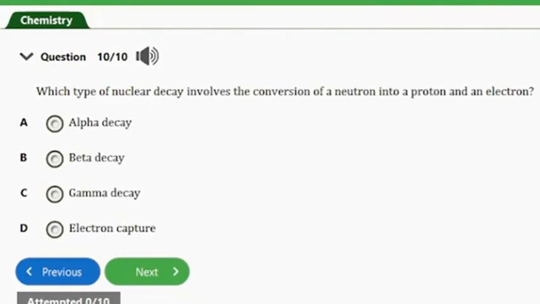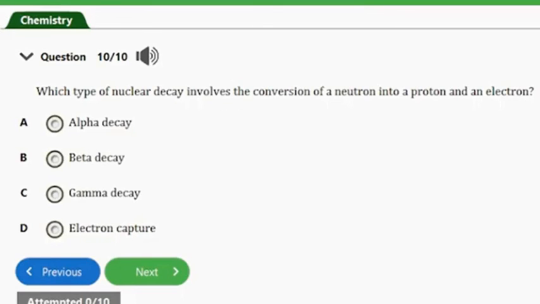So guys, the question here says, which type of nuclear decay involves the conversion of a neutron into a proton and an electron? So guys, the answer to this question will be beta decay. So out of all the options here, option B is the correct answer to this question, and that's because in beta decay, a neutron in the nucleus is converted into a proton and an electron.